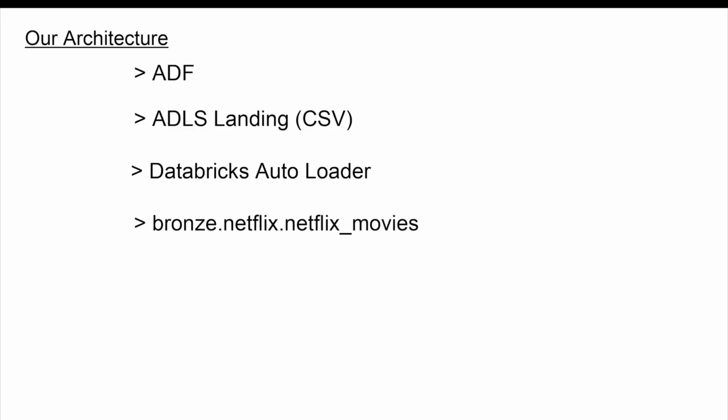Then finally we got this schema, the bronze.netflix_movies table, right? Now what is next? What are we trying to achieve, what are we trying to build?